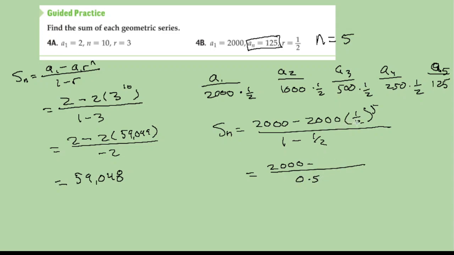I usually don't, but for this one, I am going to. I am going to take 0.5 and raise it to the 5th power. That gives me a small number. I'm going to multiply it by 2,000, and that gives me 62.5. So make that negative. I'm going to add it to 2,000.